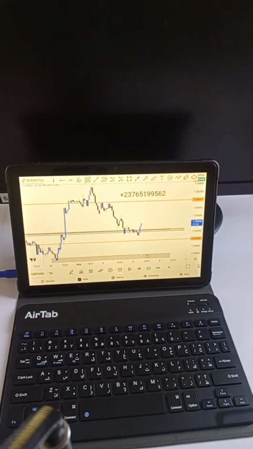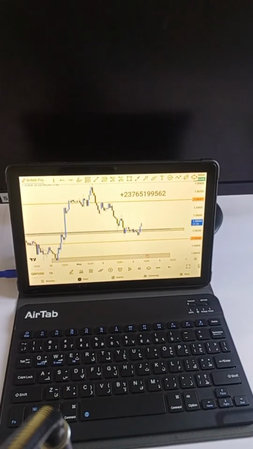Everything works. Smart money concept works. Inner circle trading works. Support and resistance trading works. CRT works. Order flow works. Indicators work.